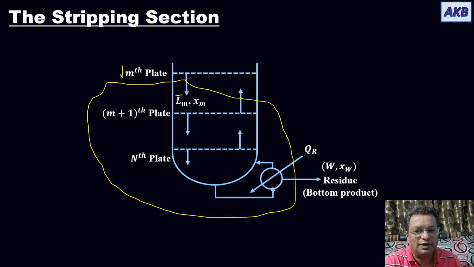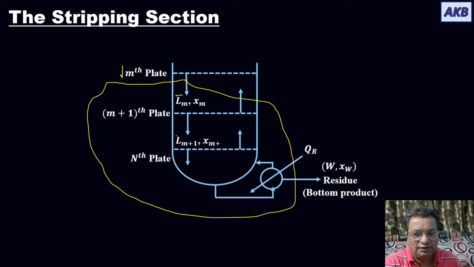So it is identified in this way. L bar M represents its molar flow rate and XM represents the mole fraction of A in it. Similarly, this liquid stream is coming from the M+1 tray.